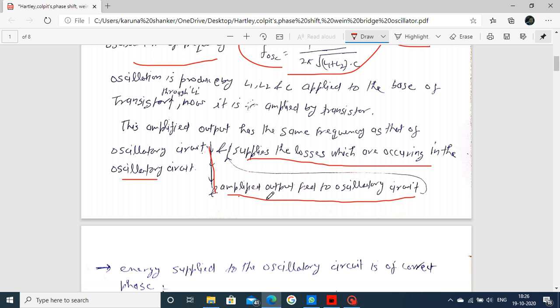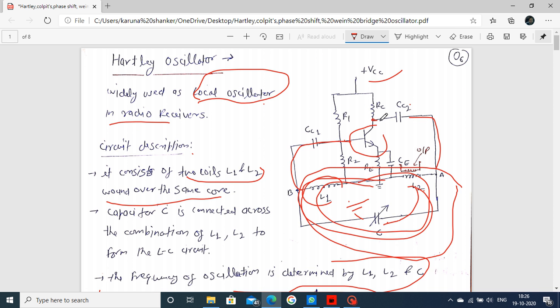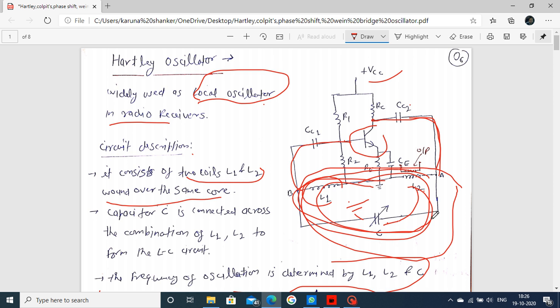This means that whatever output comes across the collector, this amplified output is fed back to the oscillatory circuit, and the losses present there are compensated by this feedback circuit.